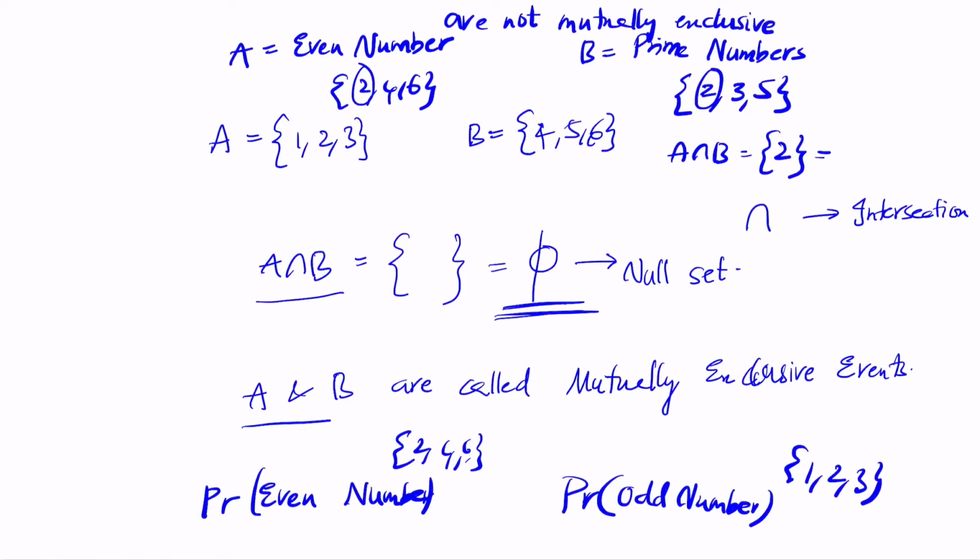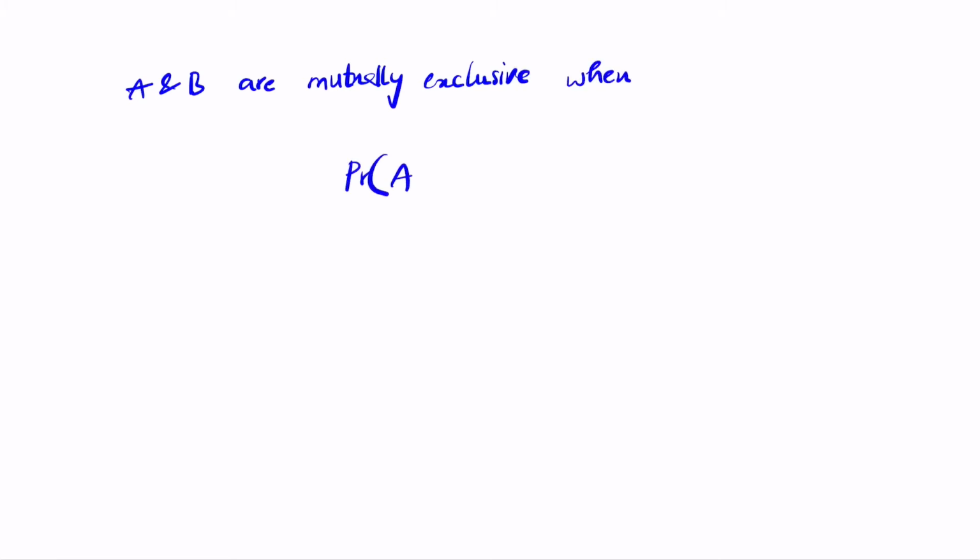So when can events be mutually exclusive? A and B are mutually exclusive when the probability of A intersection B is 0, or A intersection B is the null set.